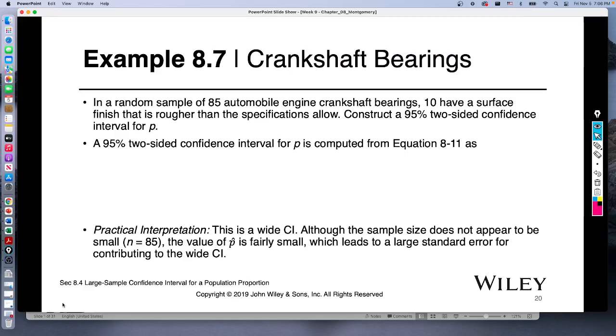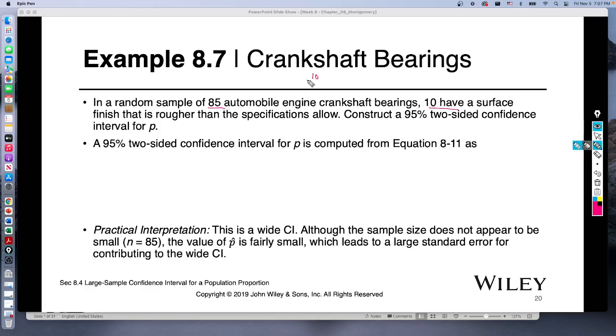So, an example. We've got a random sample of 85 automobile engines. 10 of them have a surface finish that is rougher than the specification allows, so those are fails, 10 fails. Construct a 95% two-sided confidence interval for p. So first of all, what would the proportion be?